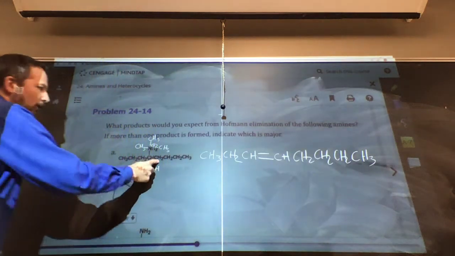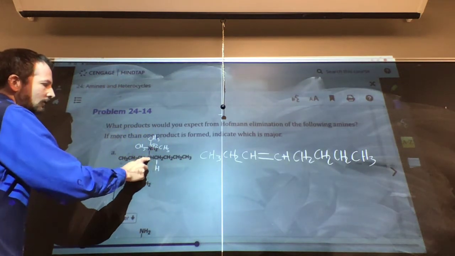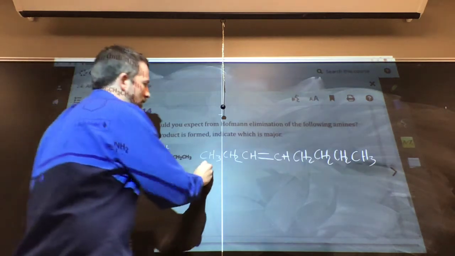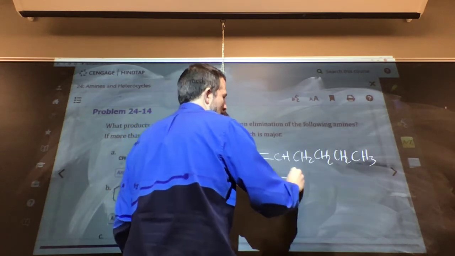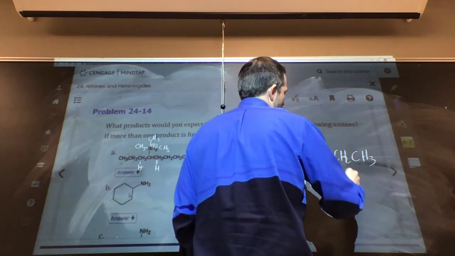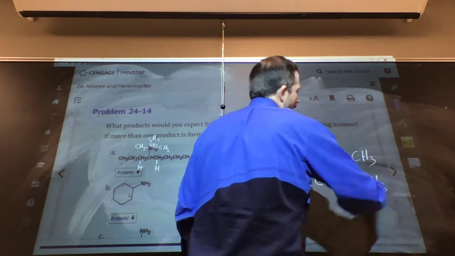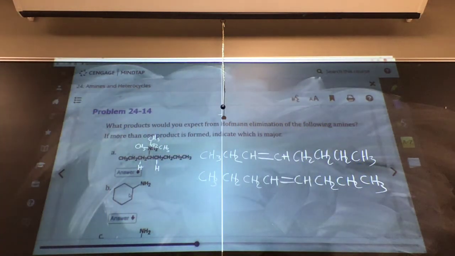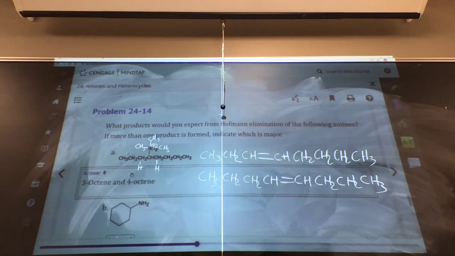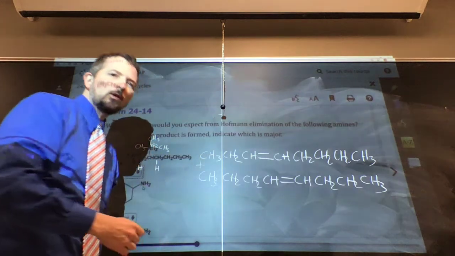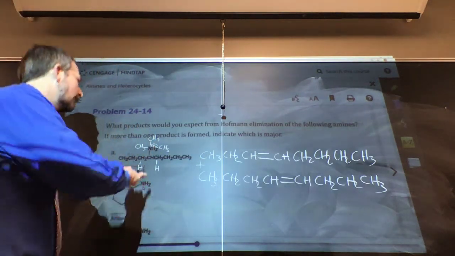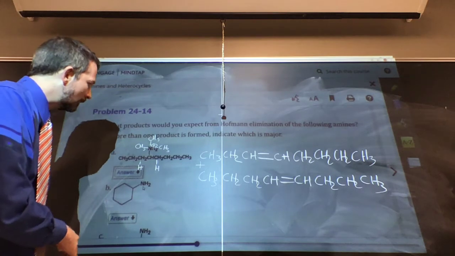There I have 3-octene. If I took off this one, then I'd have 1, 2, 3, 4-octene. So you can see 3-octene and 4-octene are formed. And there's not one that's really more favored over the other because they're about equally sterically accessible.